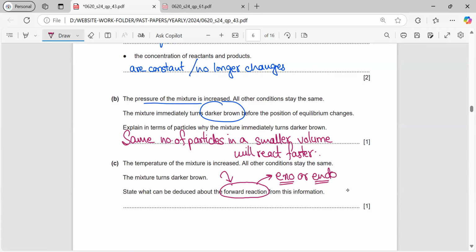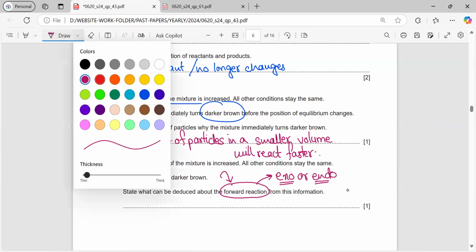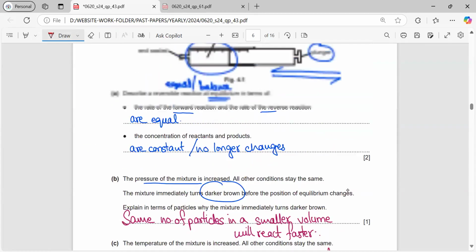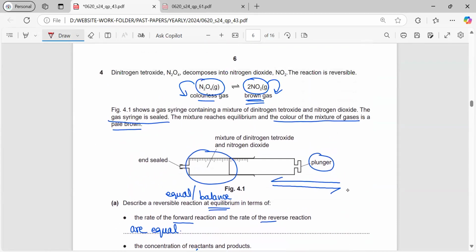So let's see, the temperature of the mixture is increased and the mixture turns dark brown. So here we are increasing the temperature and the mixture is turning dark brown. It means that the system is moving forward on increasing the temperature.